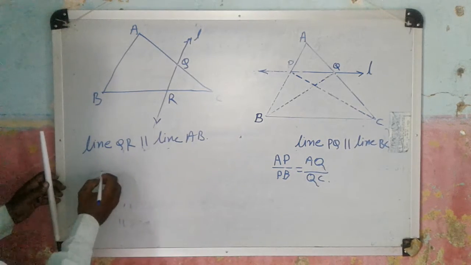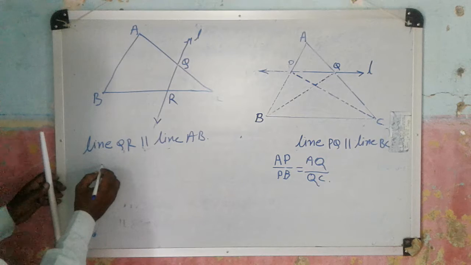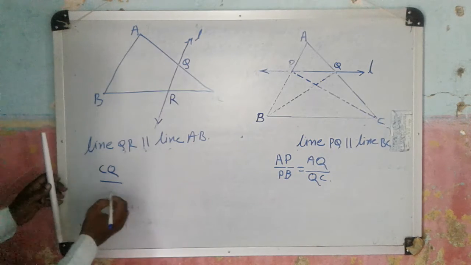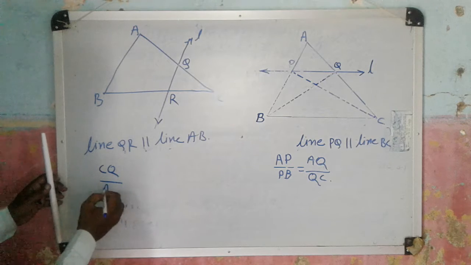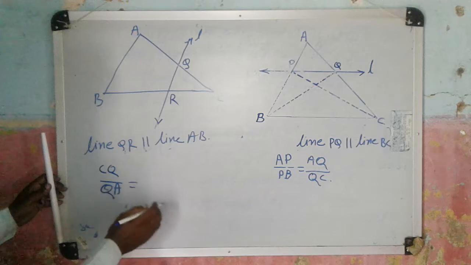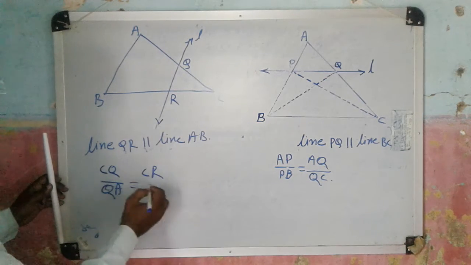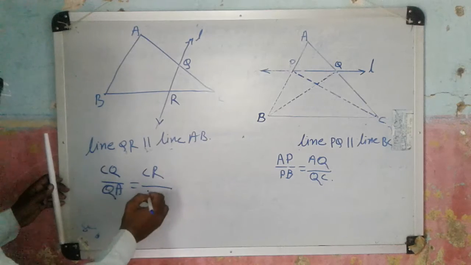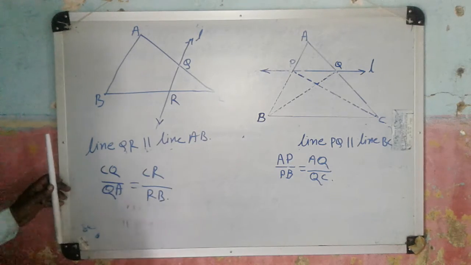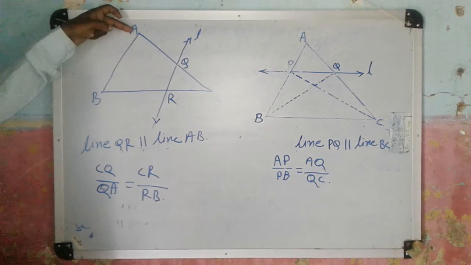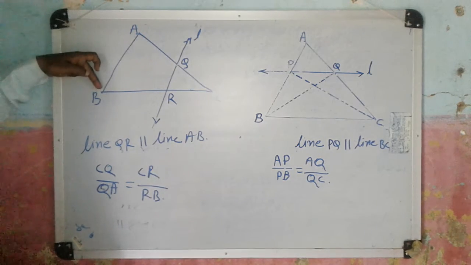So here, this ratio will be CQ upon QA is equal to CR upon RB. Okay, this is the situation. Here, this line is parallel to AB.